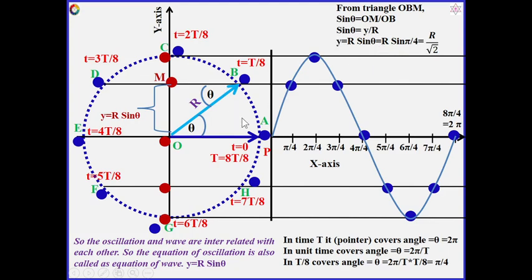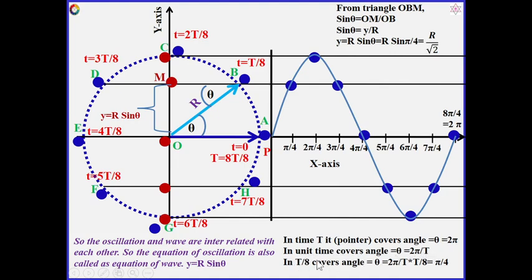Now here you can see that the particle A covers the whole angle in time t. So in time t, the pointer covers angle theta equal to how much? 2 pi. So in unit time, the angle covered will be 2 pi by t.